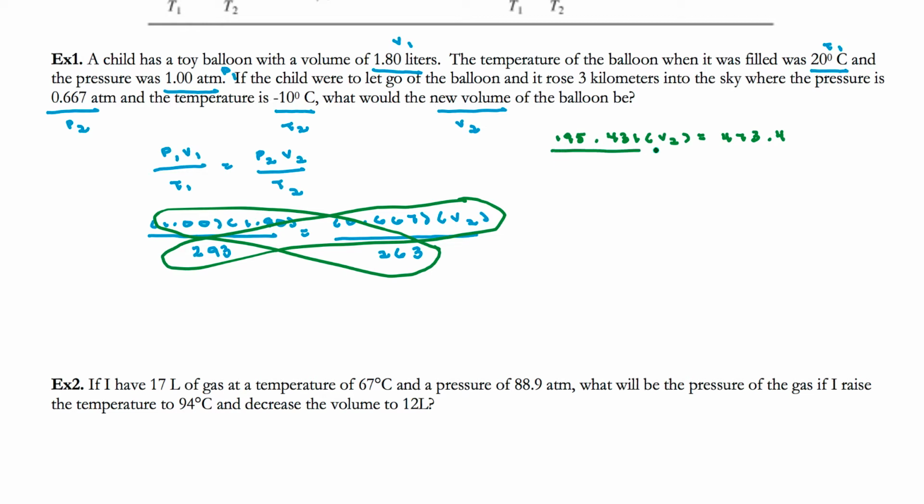Now I'm going to divide both sides by 195.431. And my volume, unrounded, is 2.422.